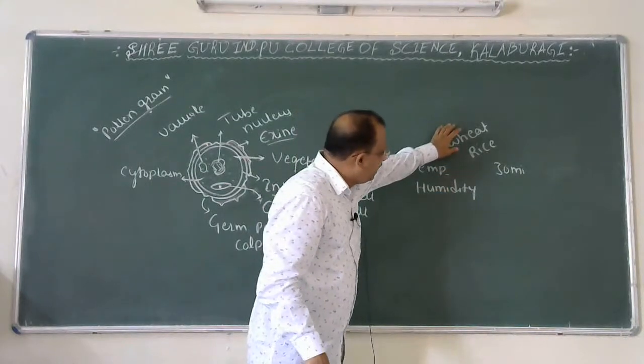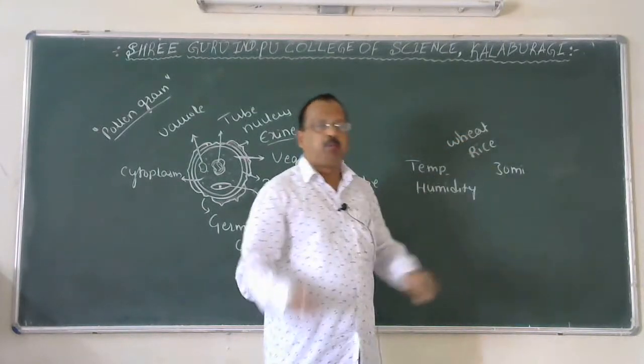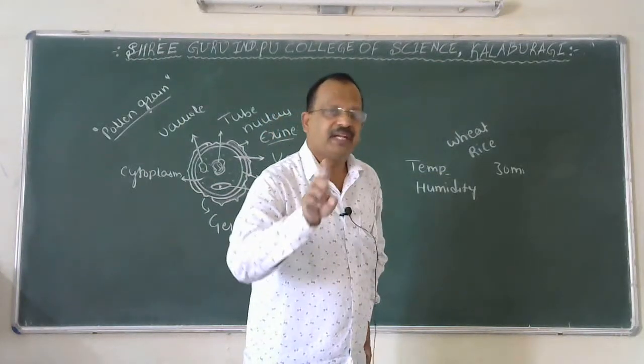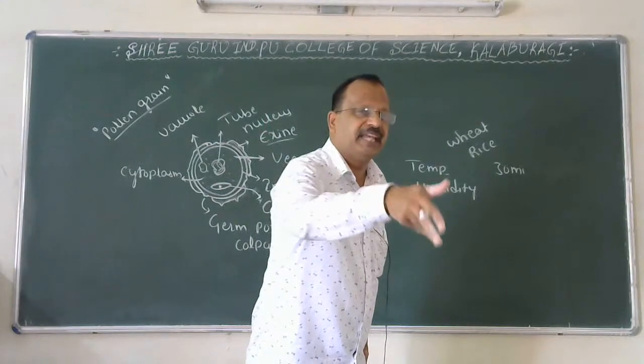In case of wheat and rice, pollen grains lose viability within 30 minutes from their release into the environment.